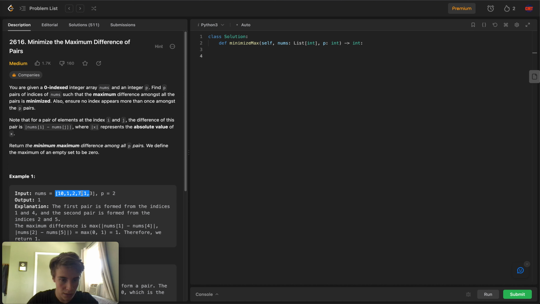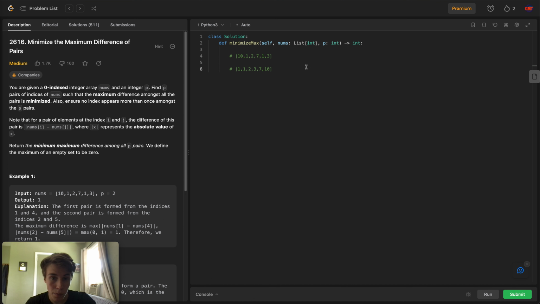Let's look at this example right here. If this is the input array, the sorted version of that would be 1, 1, 2, 3, 7, 10.